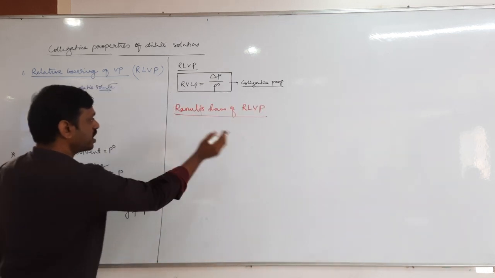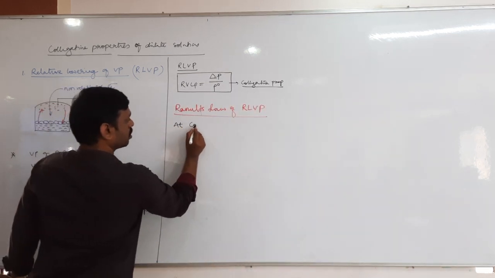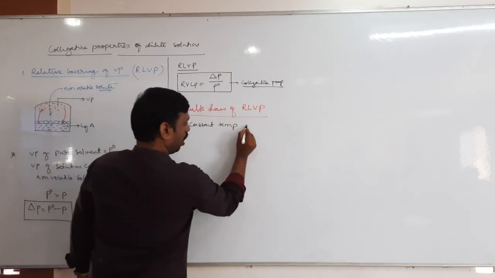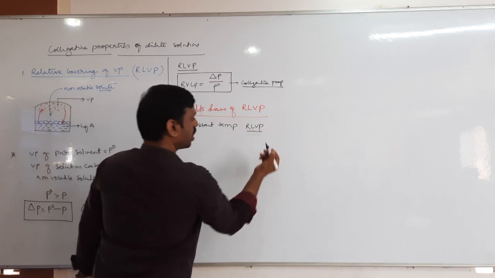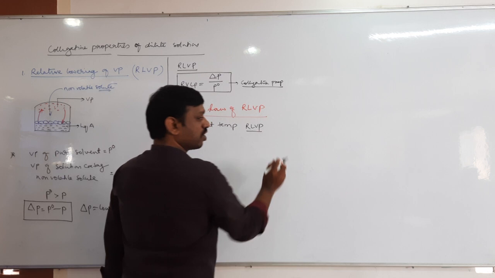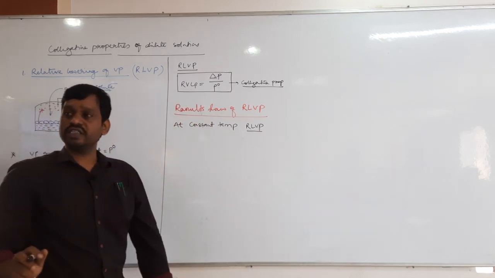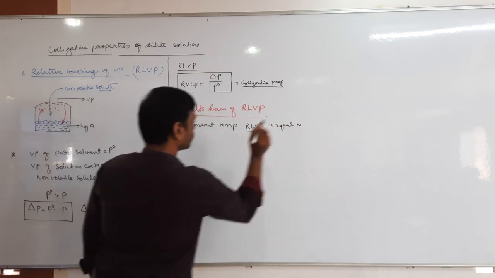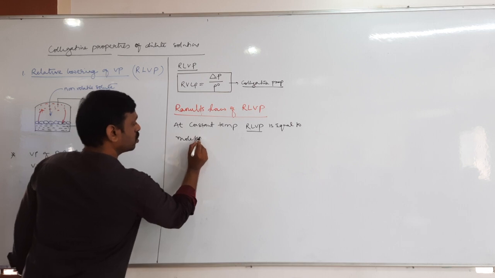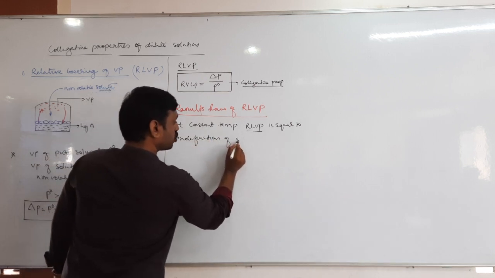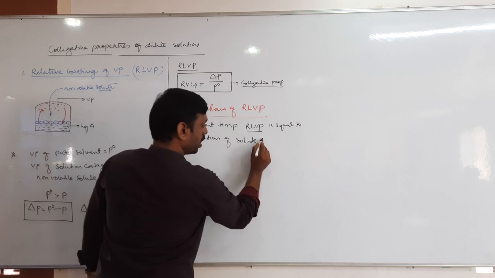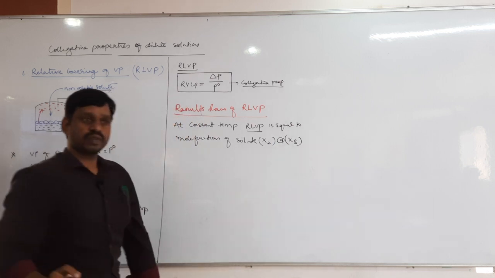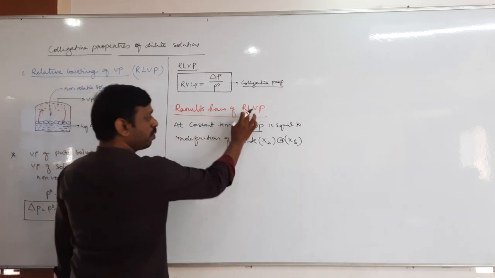That means at constant temperature, the relative lowering of vapor pressure of a solution containing non-volatile solute is always equal to what? Mole fraction of solute or solvent? Mole fraction of solute only. Solute can be taken as X2, or nothing but XB. So therefore RLVP equals X2.